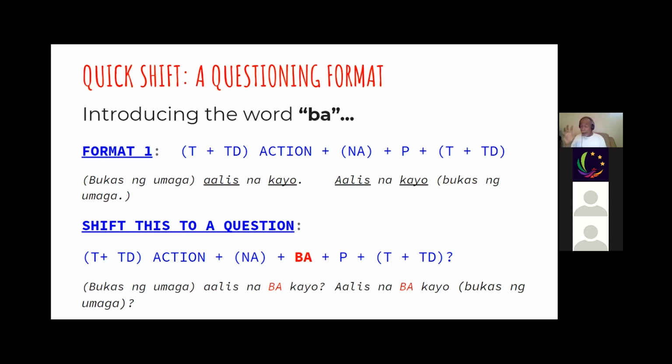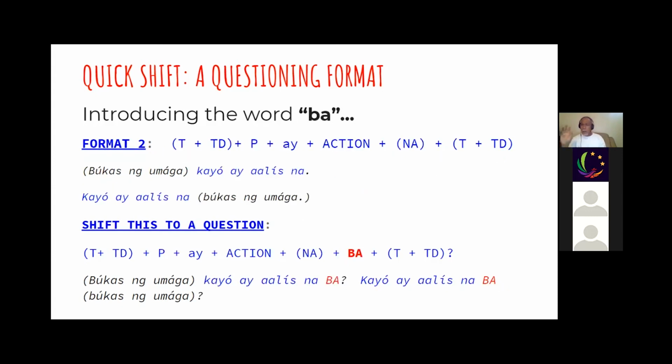So the ba is another word that cannot just be ba. It has to come with another word, just the same with the na. Now you get to see another thing about Tagalog. So, in format 2, you go, kayo ay aalis na.